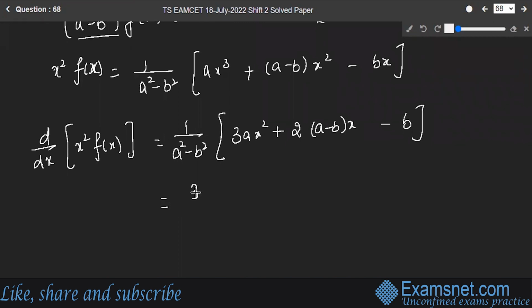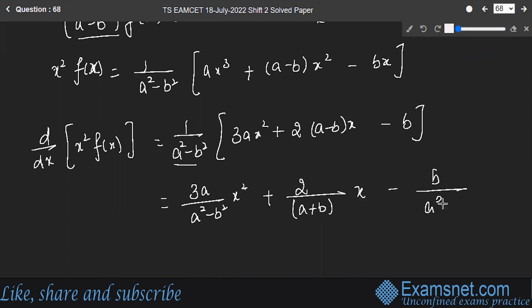You can further write it as 3a upon a square minus b square x square plus 2 into a minus b, and the denominator can be written as a plus b into a minus b. So this is 2 upon a plus b x minus b upon a square minus b square. This is equivalent to 2x square plus 2x plus 1 by 3.